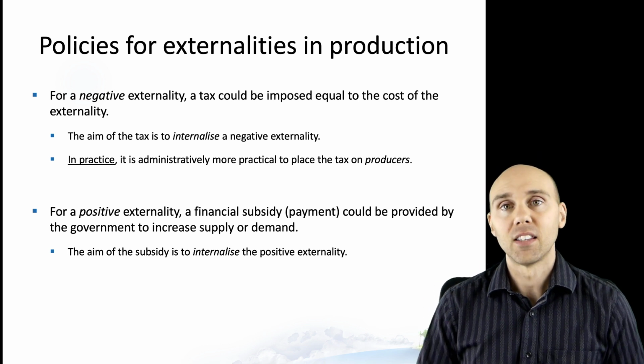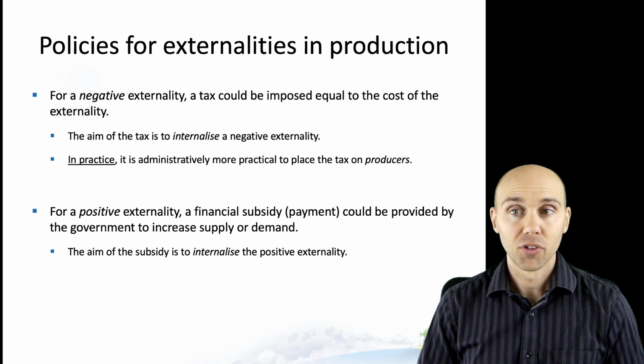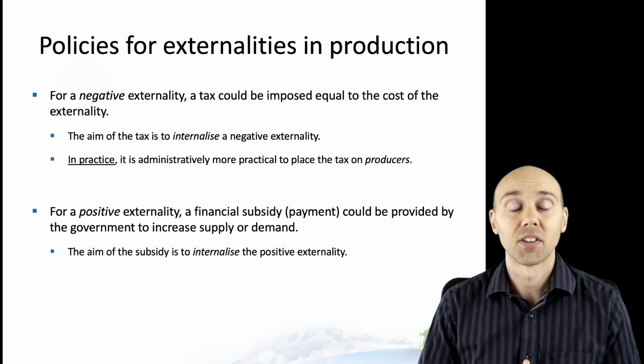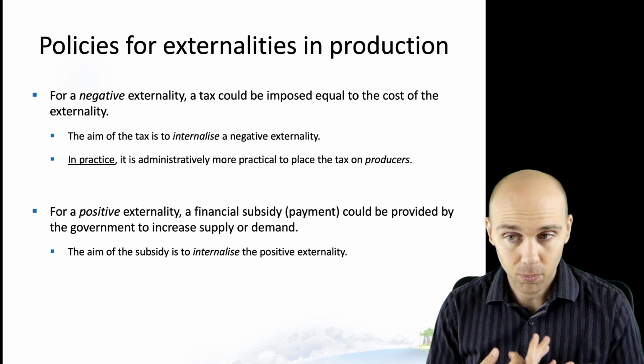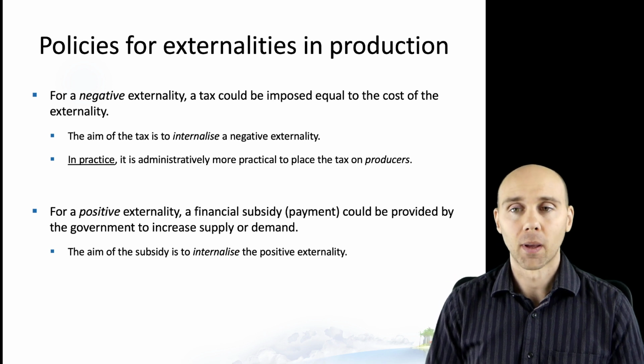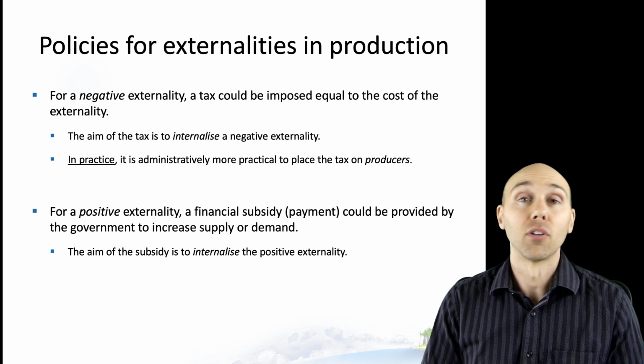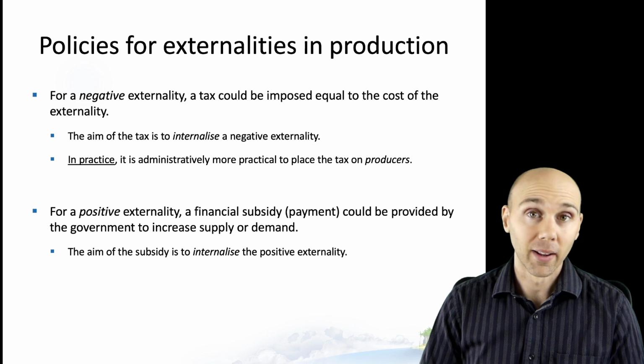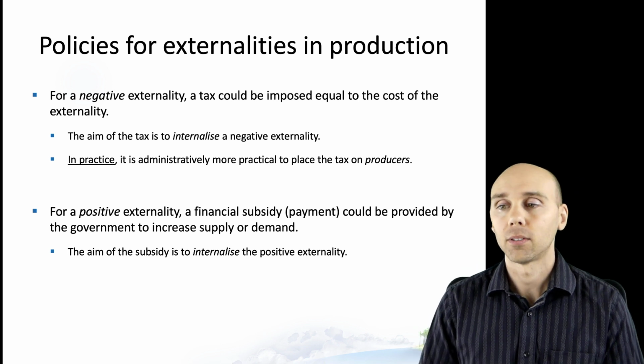So the aim of the tax is to get the producer to internalize the cost of this negative externality. And typically speaking, from a practical perspective, it makes more sense to apply this to the producers, even though theoretically it makes no difference. Theoretically, we could still apply it to the consumers.